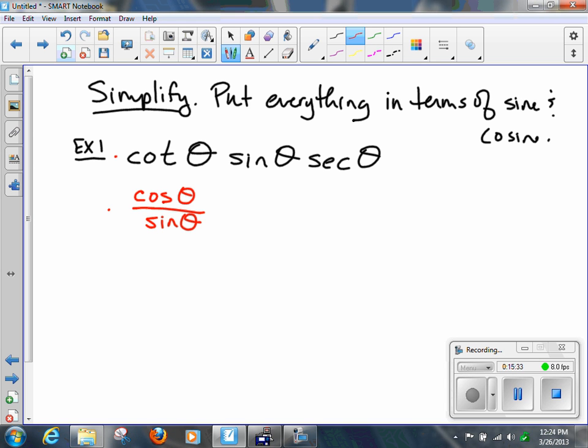What about sine? Do I need to change sine theta? No, it's already where I need it to be, so we're going to multiply it. Sine theta over 1, because now we're dealing in fractions. Y'all know how I love fractions, right? And then what am I going to do with secant theta? What is it? Look at your notes. 1 over cosine theta.